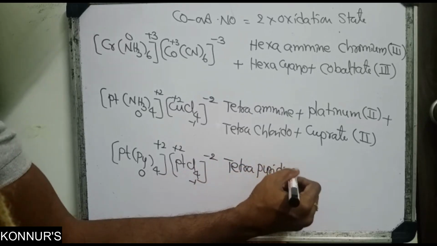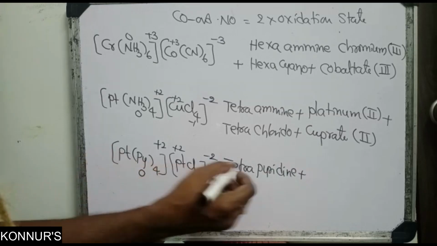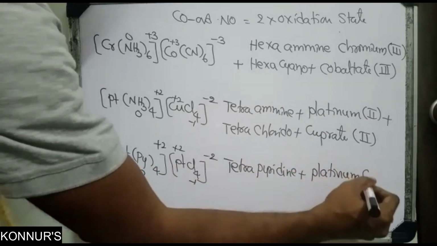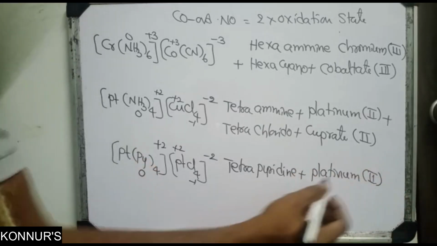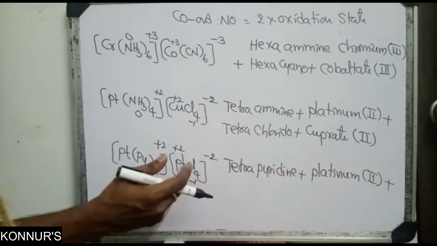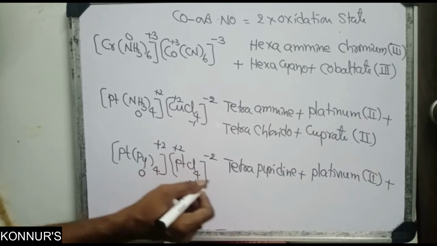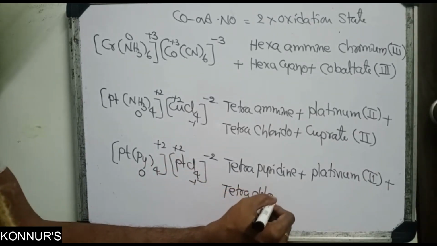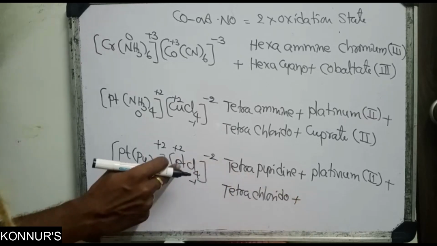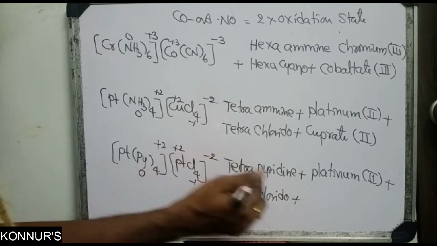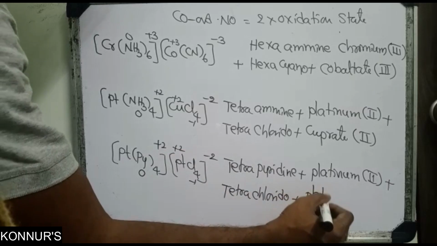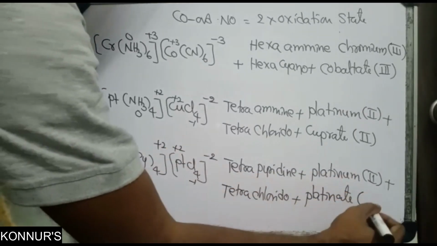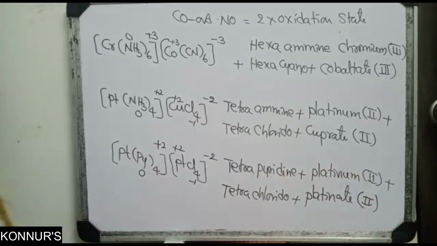Py means pyridine. Tetrapyridine platinum 2. Next, the negative complex, so here ligands come first, so tetrachlorido. Next, the platinum complex contains a negative charge, so that's why you write platinate. Next, charge is 2, so platinate 2.